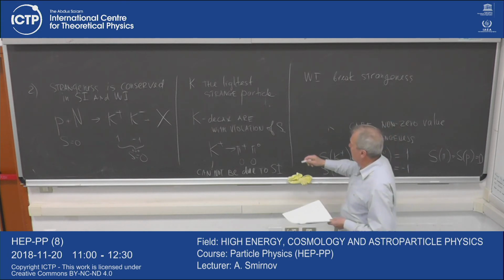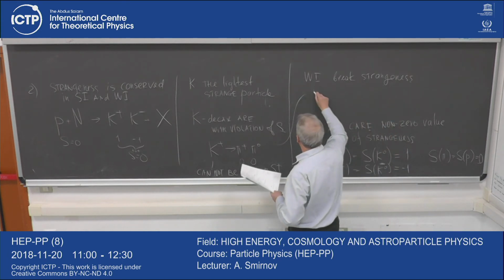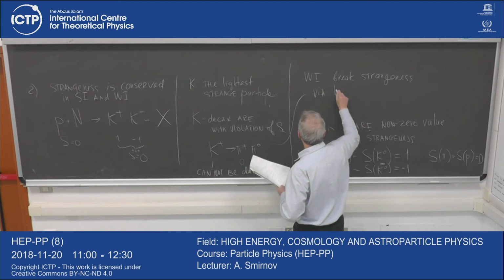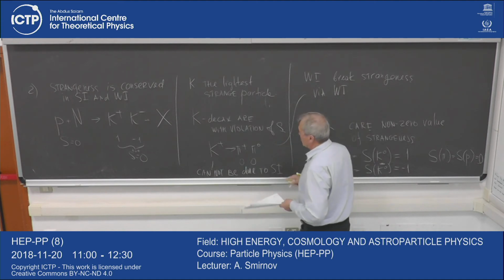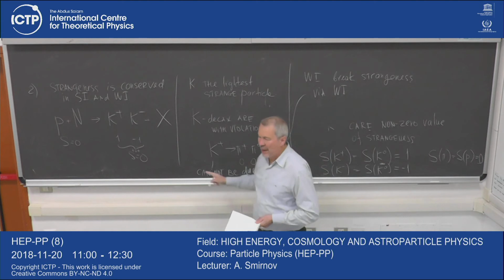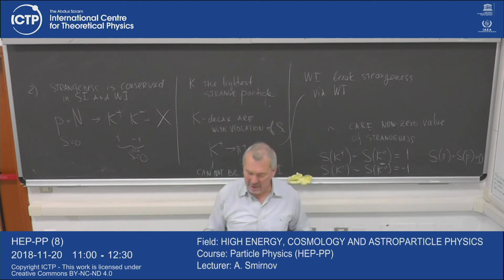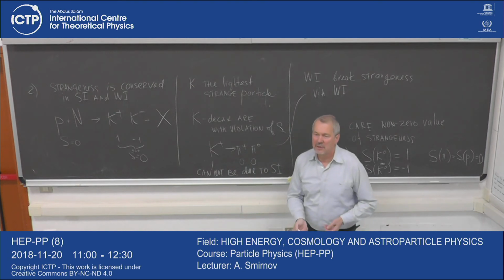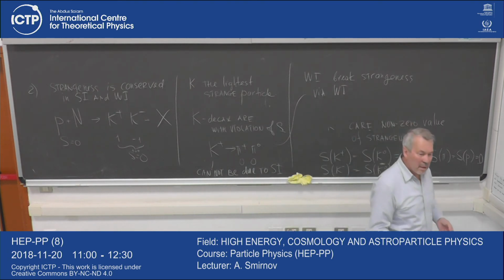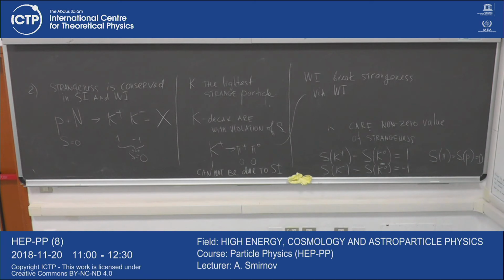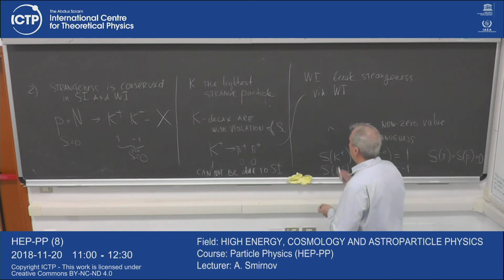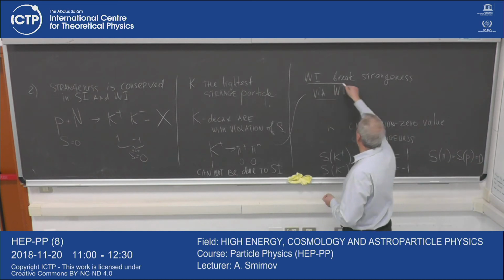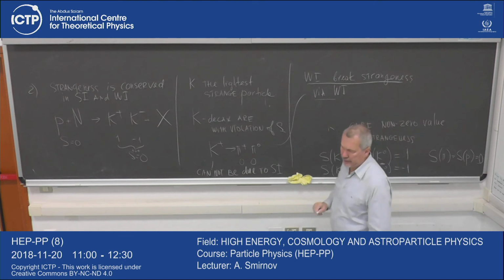And therefore this decay can proceed via weak interactions. Strangeness is also conserved by electromagnetic interactions, and therefore this decay cannot be due to electromagnetic interactions. So the only way to have this decay is through weak interactions. And therefore we have this long lifetime of these particles.